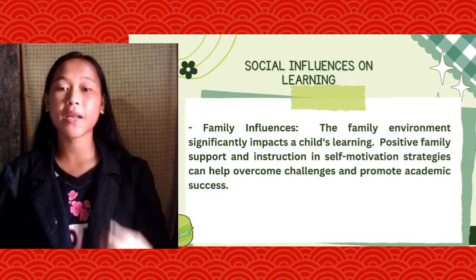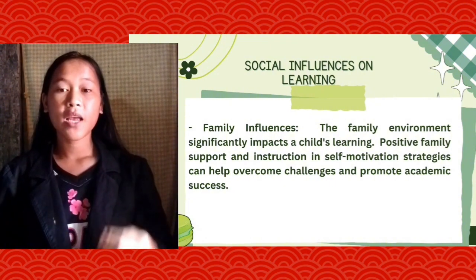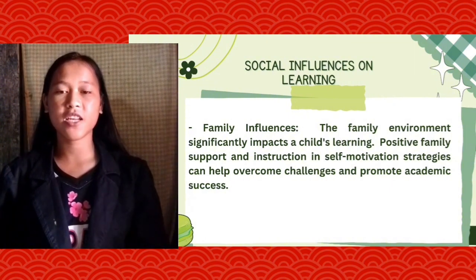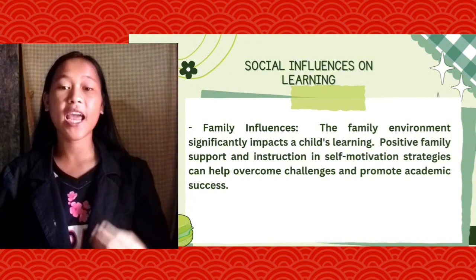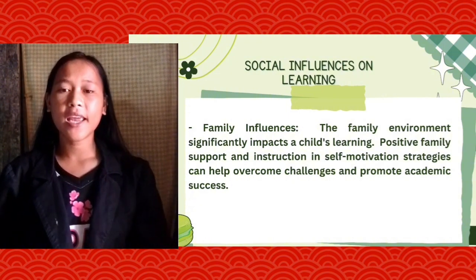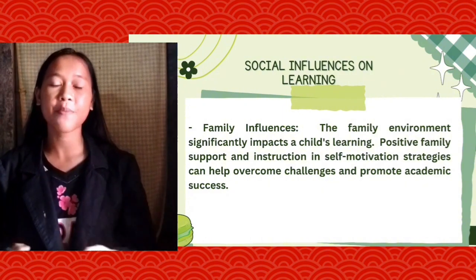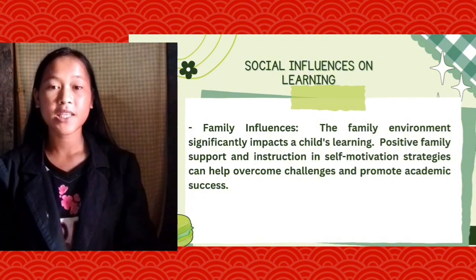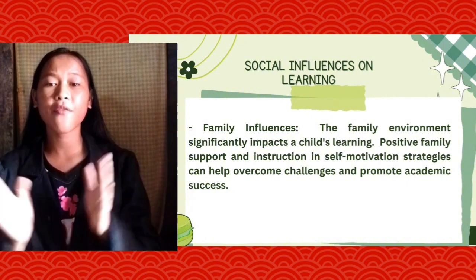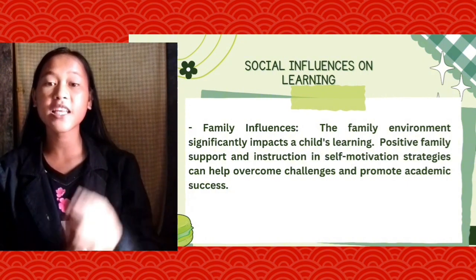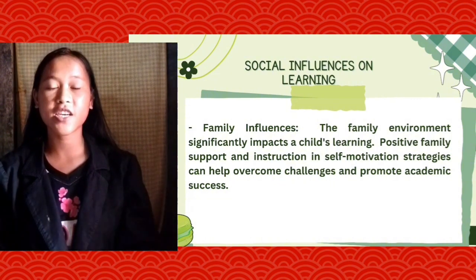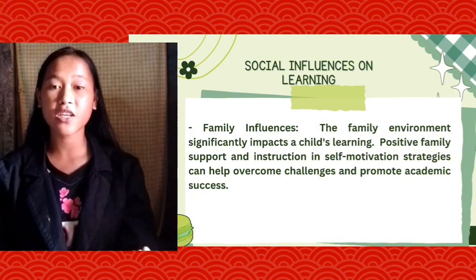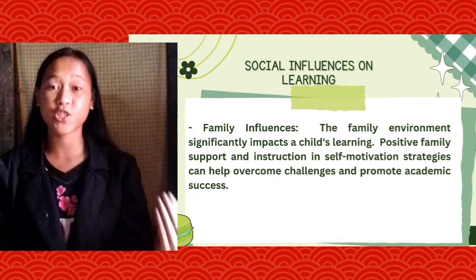Next we have family influences. The family environment significantly impacts a child's learning. Positive family support and instructional strategies can help overcome challenges and promote academic success. The family plays a critical role in a child's learning journey by providing positive support, interactions, and self-motivation strategies.